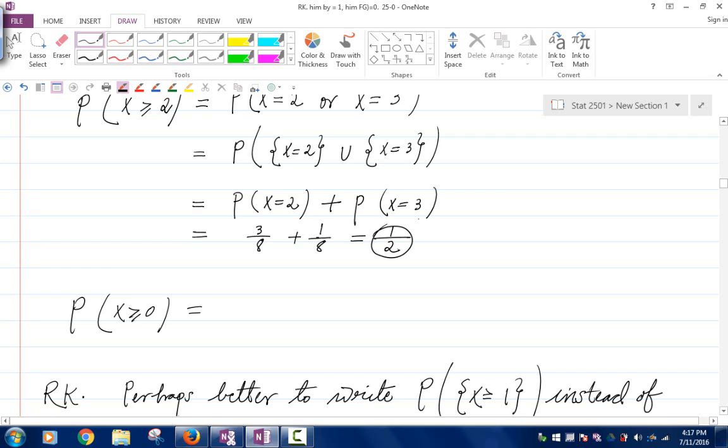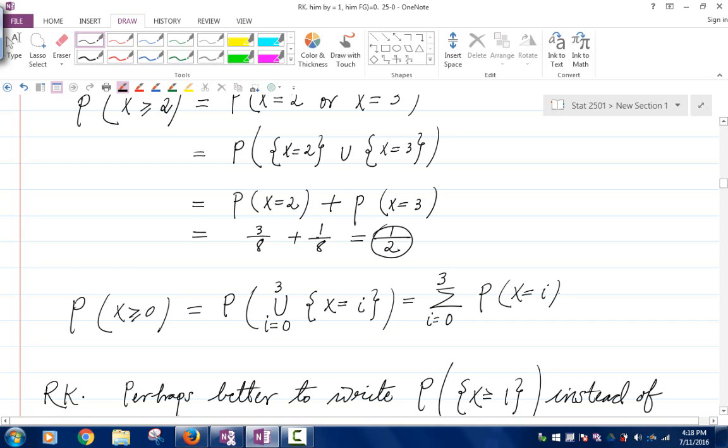If I want to find the probability that X is larger or equal to 0, that's the same as the probability of the union of the events X is equal to i, where i is 0 to 3, and that's the same as the sum, i going from 0 to 3, of the probability that X is equal to i.